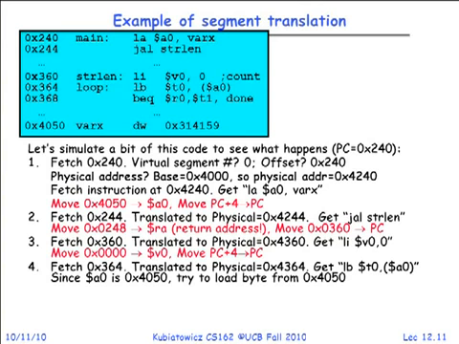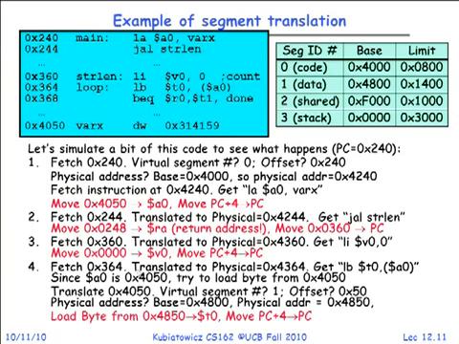So let me put the table back up here. Notice that segment ID 1 has a base of 4800. To translate 4050, we have virtual segment 1, and the offset is 50. Why is the offset 50? I know this seems simple, but I want to make sure we get it. All the lower bits.